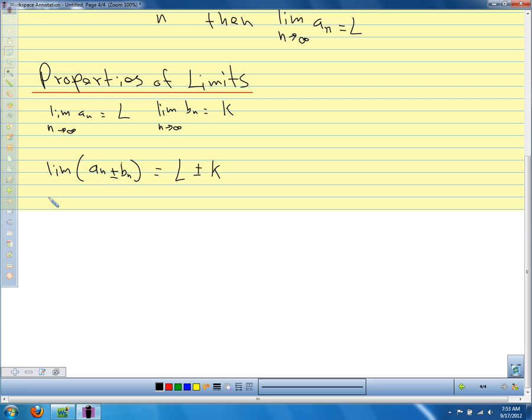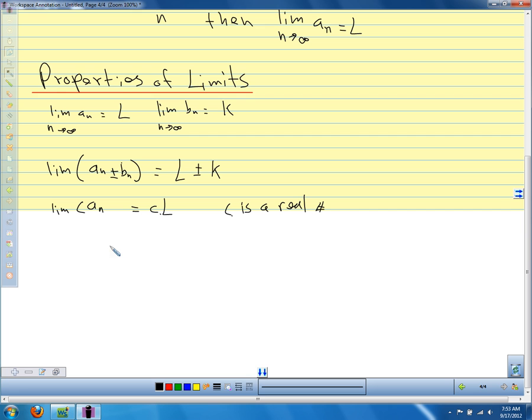If we take the limit of some scalar multiple of a sub n, it is just the multiple times the limit. c is just a constant. So we're multiplying each term by a constant. Then our limit is just the constant times the limit. So c is just a real number.